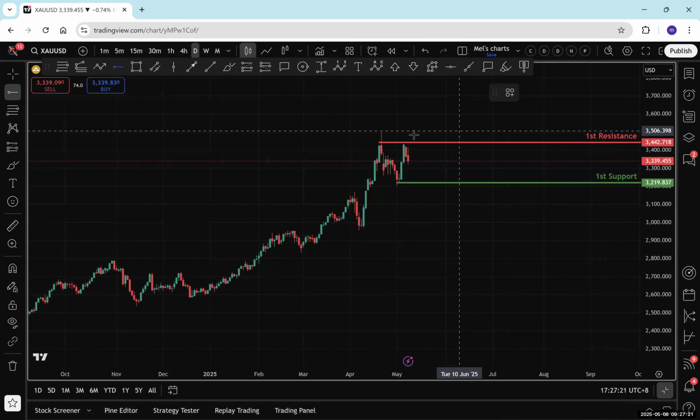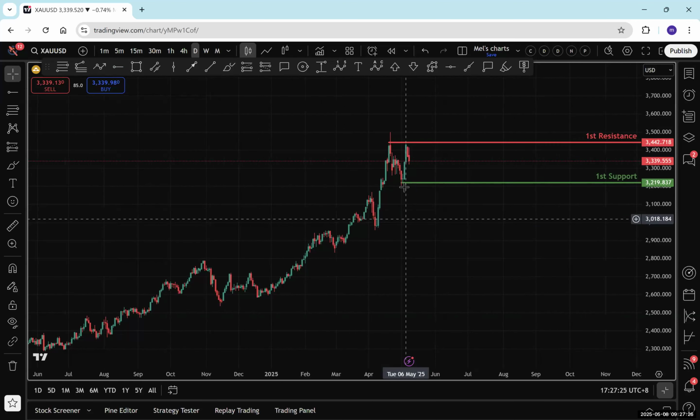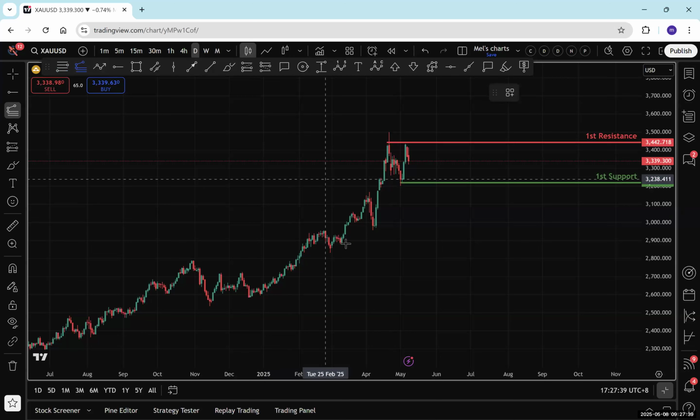And then our second resistance, because you can see our first resistance is already at the highest point of reference. Let me pull out our Fibonacci levels.